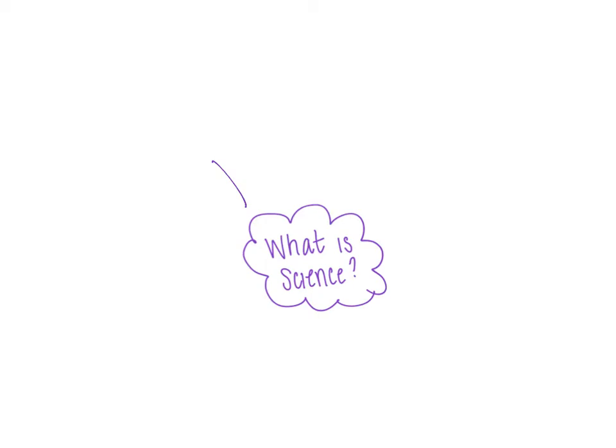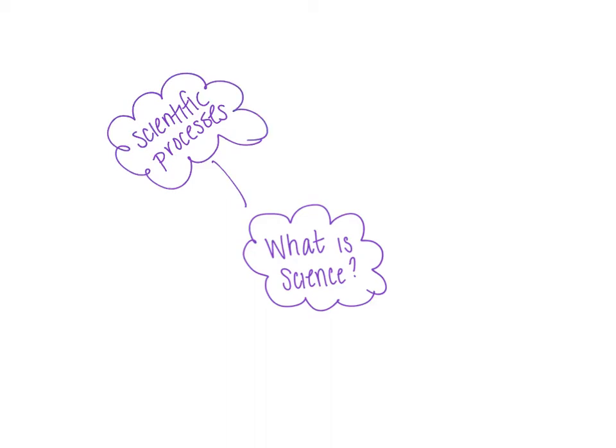One of the big pieces of science is going to be the scientific processes. So these are the processes that lead us to actually learn our scientific knowledge. We'll come back in just a minute and talk about what those processes are.